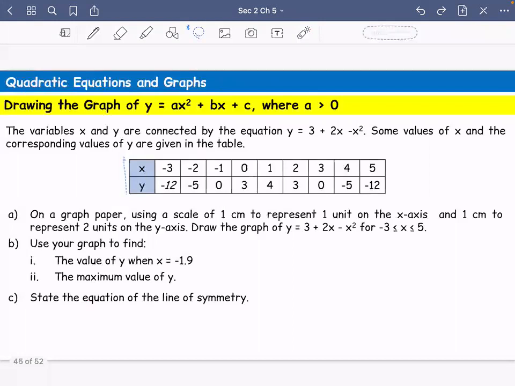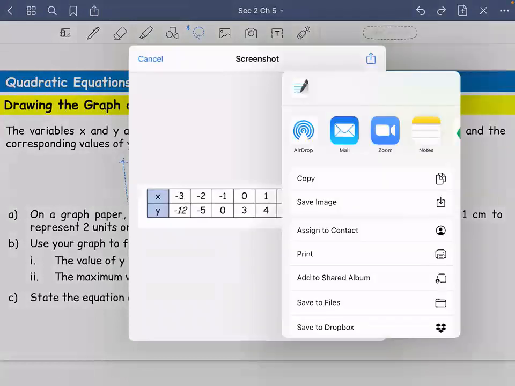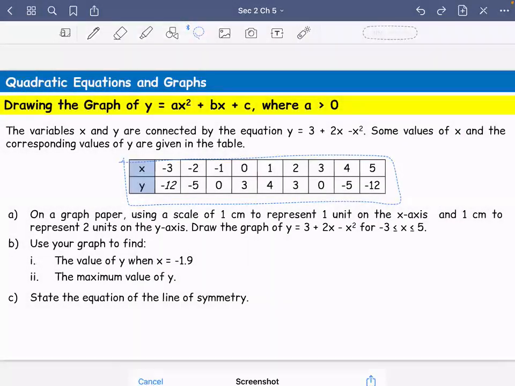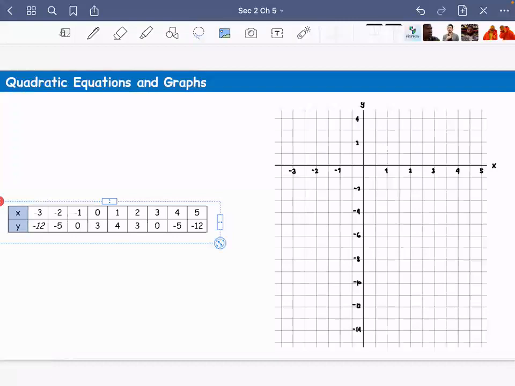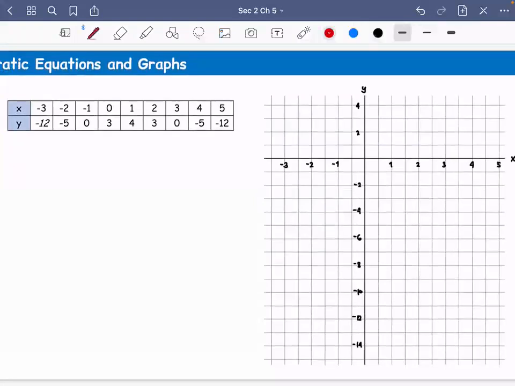Let me copy this part here. So let's graph this. Please listen carefully as we graph again. The first one is -3 and -12. So it's over here, below here. You guys can see it.